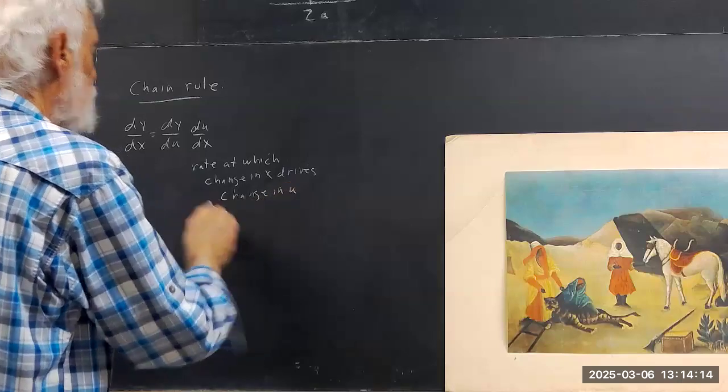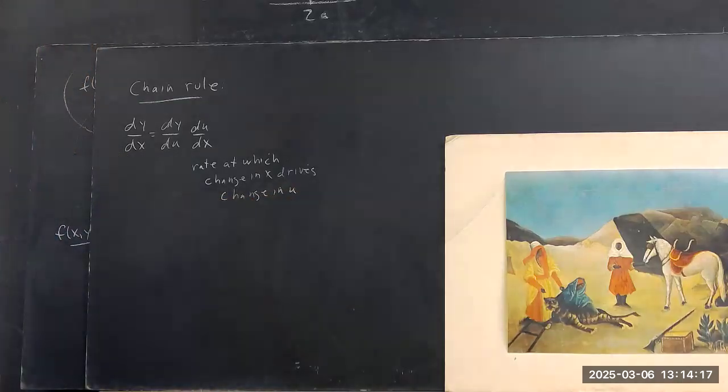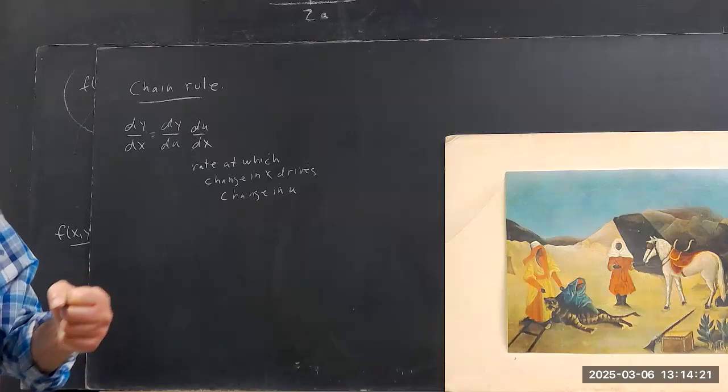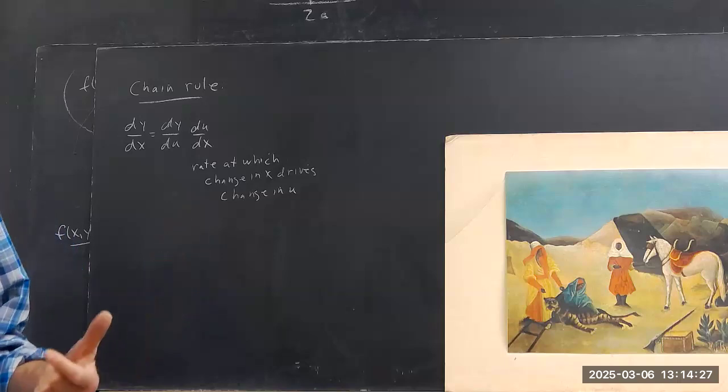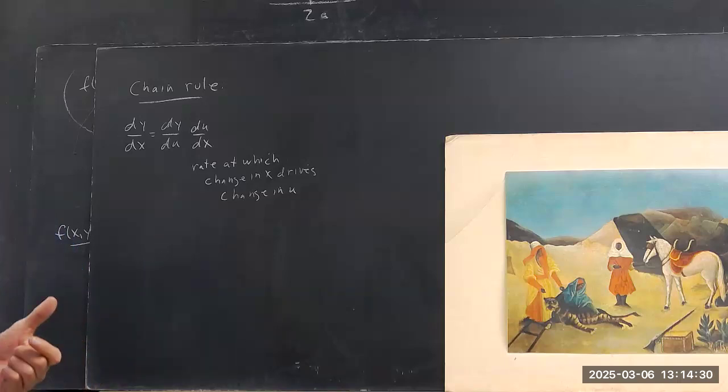Say a change in X drives a change in U. You tell me how much X changes. If I've got the information on the function, I can then tell you the rate at which U is changing.